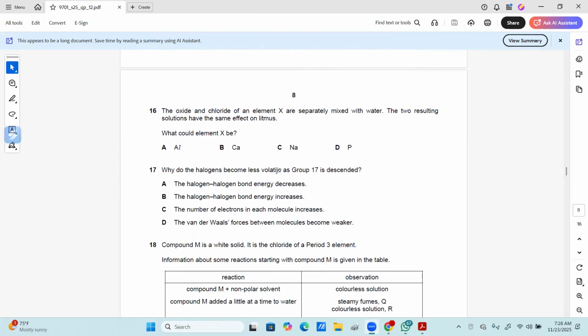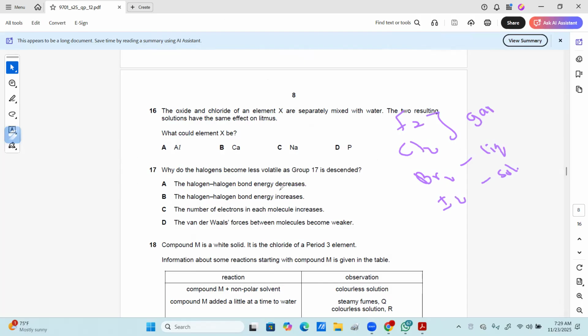Why do the halogens become less volatile as group 17 is descended? Less volatile: we know fluorine, chlorine, bromine, iodine, right? Fluorine and chlorine are gases. Bromine is a liquid. Iodine is a solid. So less volatile means they can't escape into the gaseous state.